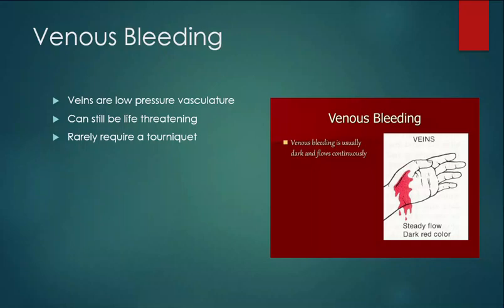Most of the time it's pretty easy to stop, because it's low pressure, low volume, and responds really well to direct pressure. I've never had a patient with venous bleeding where I had to use a tourniquet. Most of the time, just direct pressure is going to be helpful.